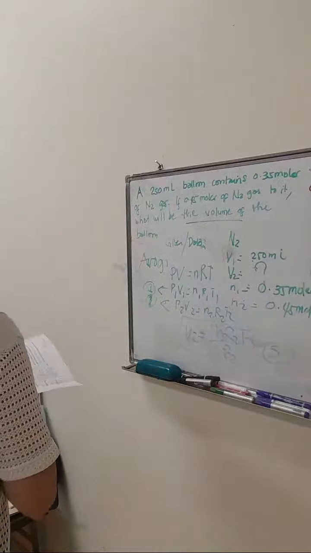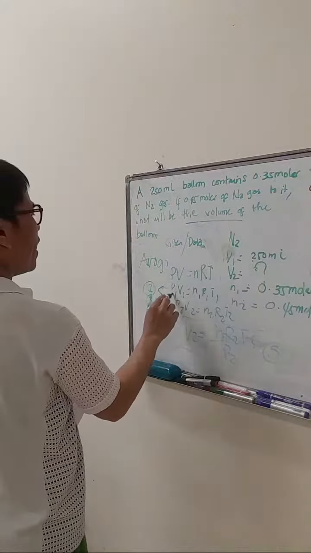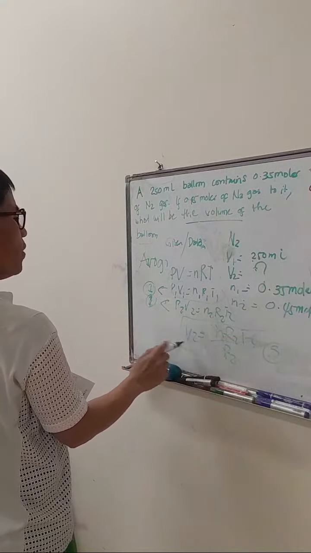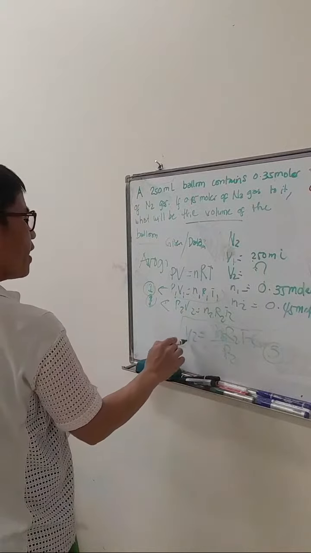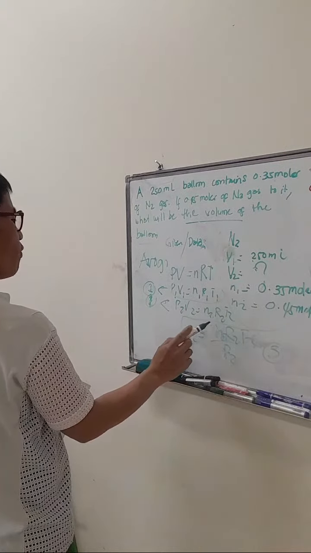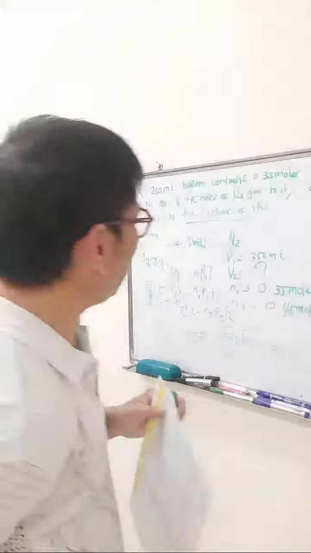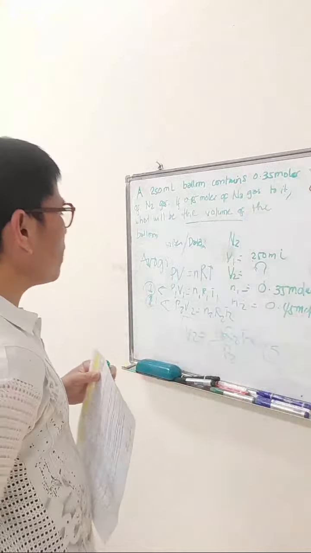Now, if I take the relationship of V1 and n1, it's very clear that the volume is directly proportional to the number of moles. So in this formula it's directly proportional.